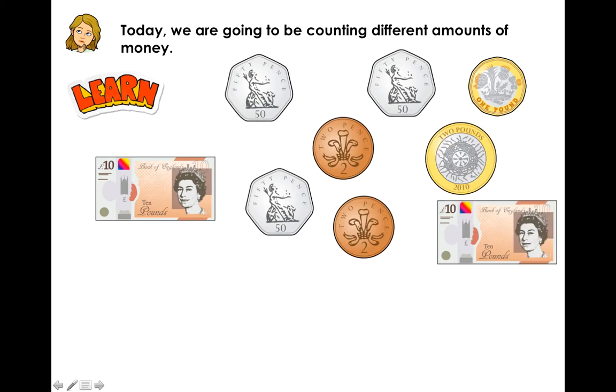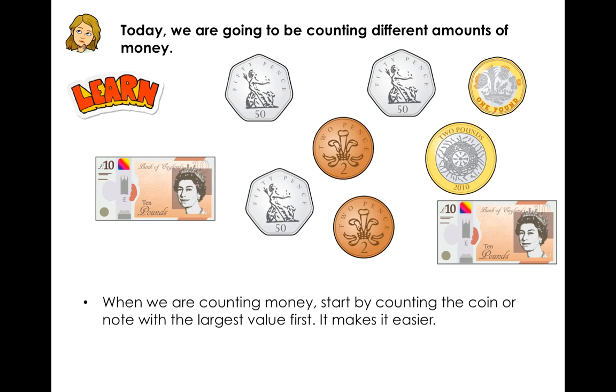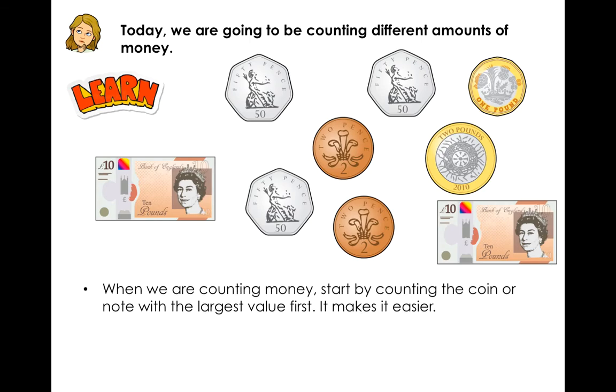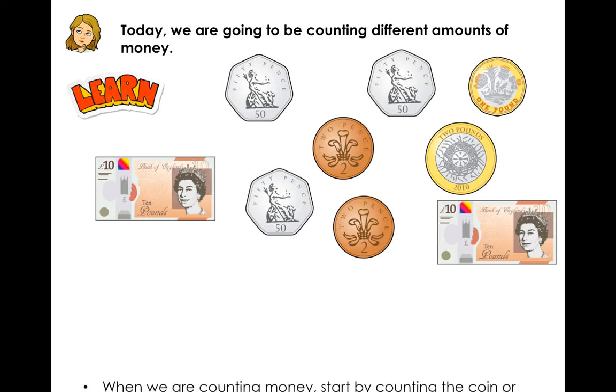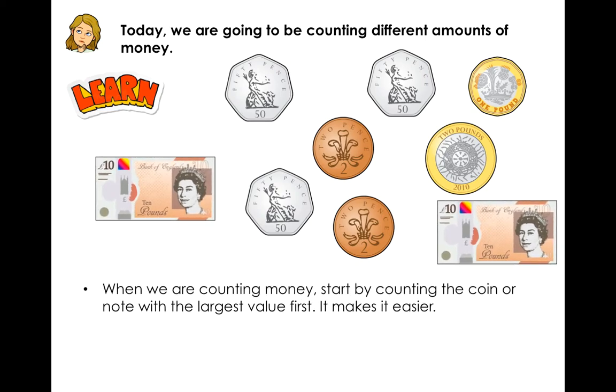Okay, let's do one final example. So I'm going to start by counting the coin or the note with the largest value first. So who can spot on this slide what is the coin or note with the largest value? That's right, it's the £10 note. So I'm going to add the two £10 notes together first of all. Okay? So £10 add £10 gives me £20.